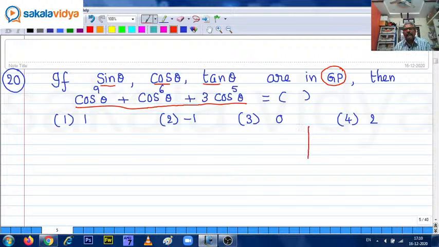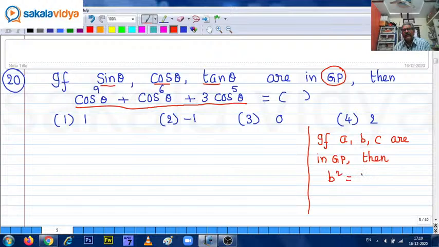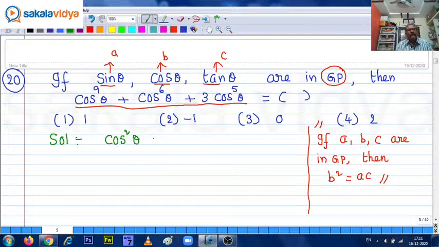You remember this condition. If A, B, C are in geometric progression, then B square is equal to AC. This is the condition. So this is A, this is B, this is C. Applying this condition, we get cos square theta equals sin theta into tan theta.